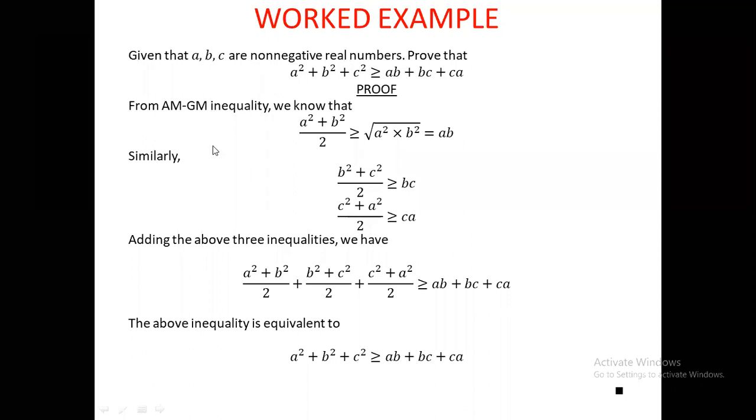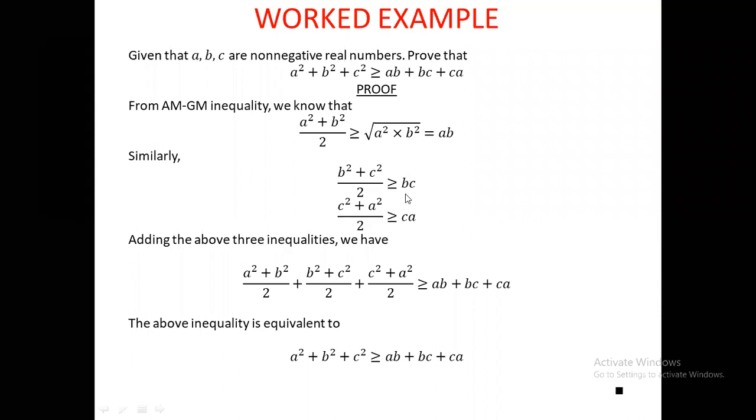Since we have A squared plus B squared, similarly the same thing holds for B squared plus C squared. The arithmetic mean of B squared and C squared is greater than or equal to the geometric mean of B squared and C squared. The arithmetic mean is simply B squared plus C squared divided by 2. The geometric mean is the square root of B squared times C squared, which is BC.